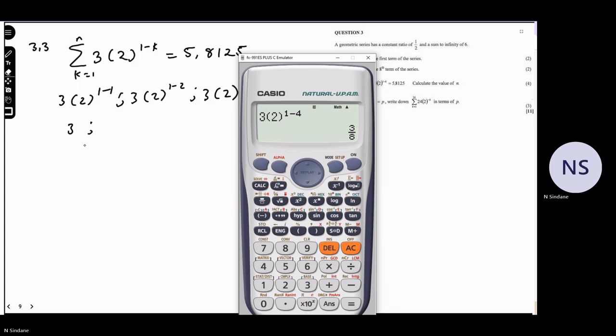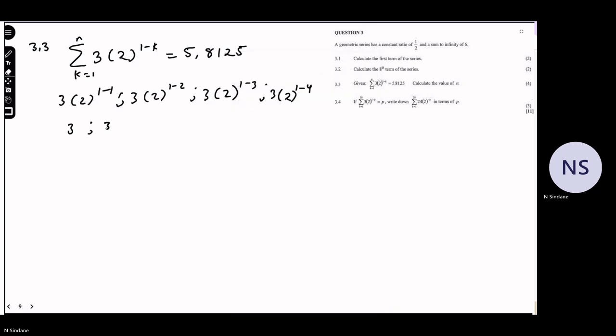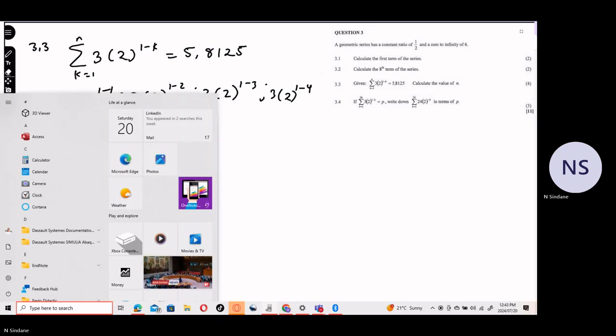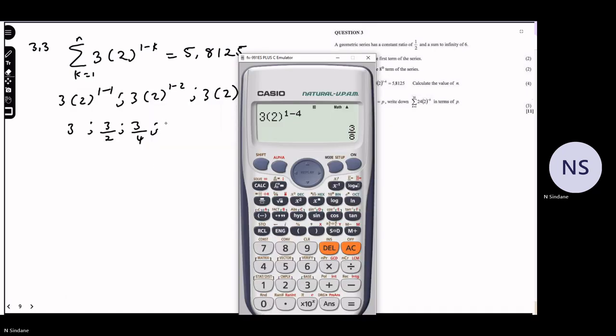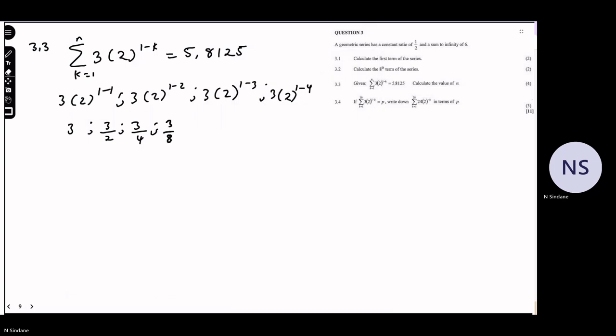Okay, so here we have 3 over 2, 3 over 4, and 3 over 8. Right?